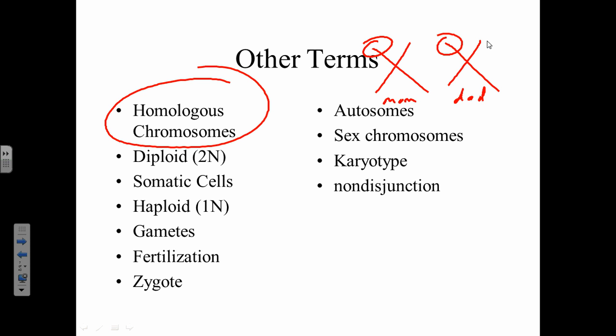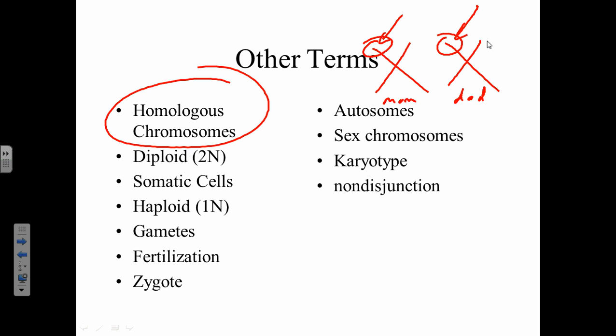But they have the same genes, but they may have different versions of those genes on there. This one may say you're going to have brown hair. This one may say you're going to have blonde. But they have the same. They control the same traits. The order of the genes, the order of the traits is the same, but they may have different versions of them. Those are homologous chromosomes.